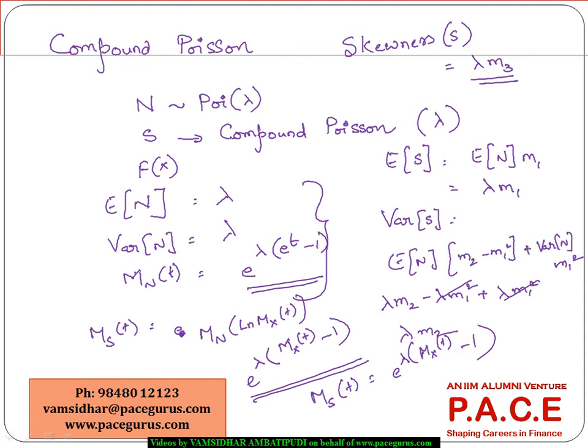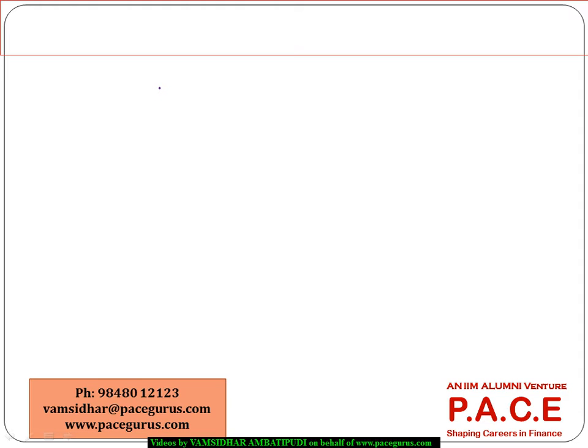For that, now that I know, we can actually use a cumulant generating function, which is nothing but the logarithm of the moment generating function, right? And I can differentiate the CGF.